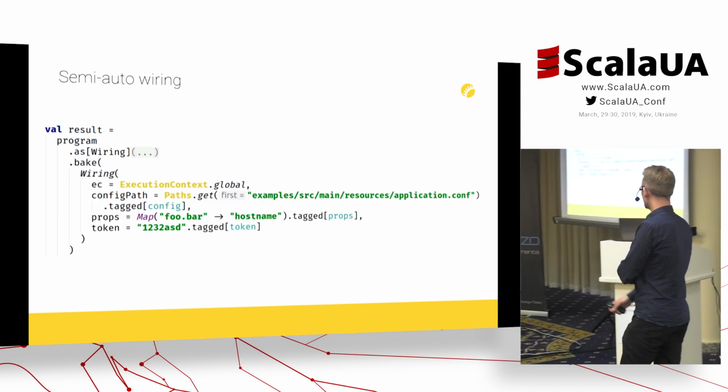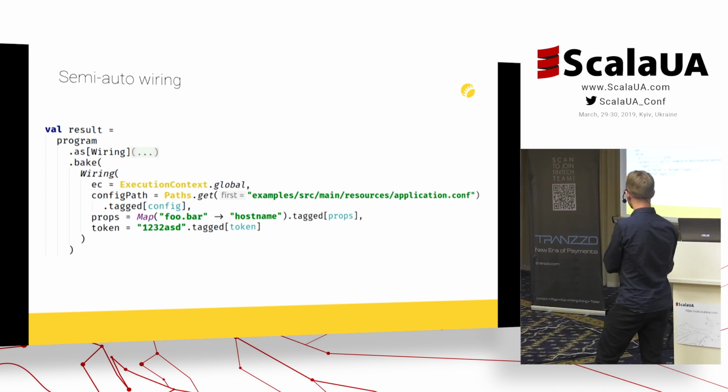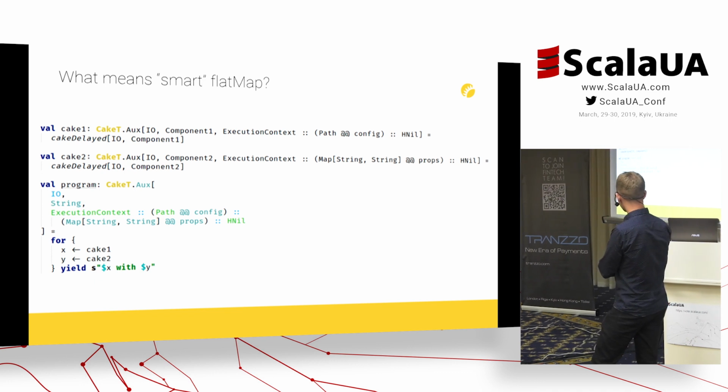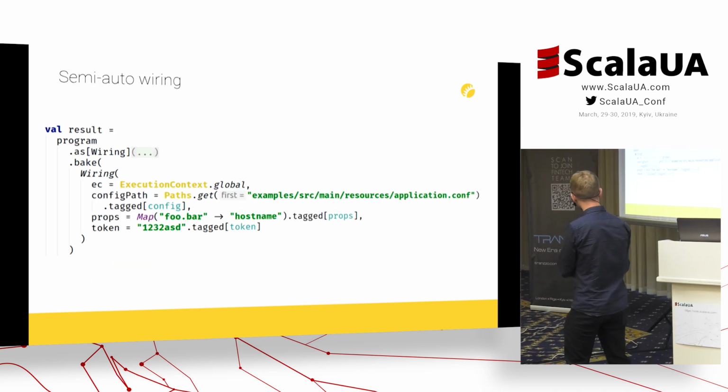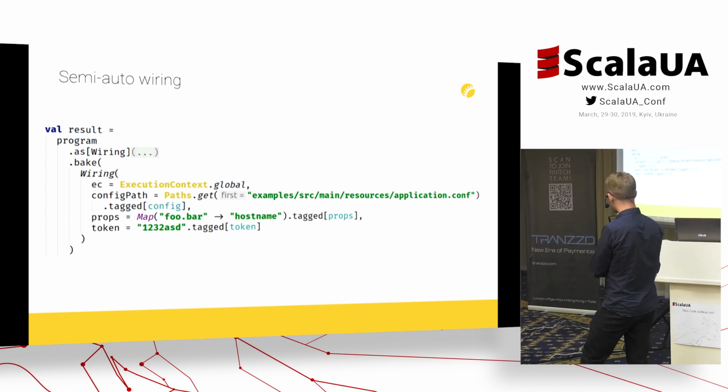Okay. The second point is that, as you see, by default dependencies are HLists. Using the as method, you can cast the dependency into a case class. And then using the bake method, you can provide the dependencies.